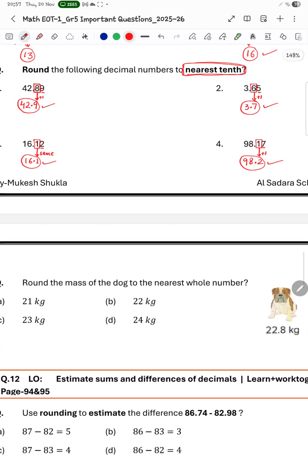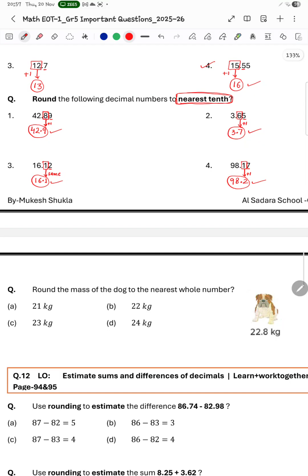Wow, very nice question. I think now you can give the answer quickly. Round the mass of the dog to the nearest whole number. So this is the mass of the dog. So we have to round to the whole number. So I will put the whole number in the box and look at the next digit.